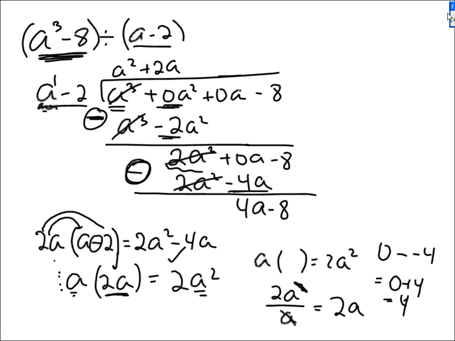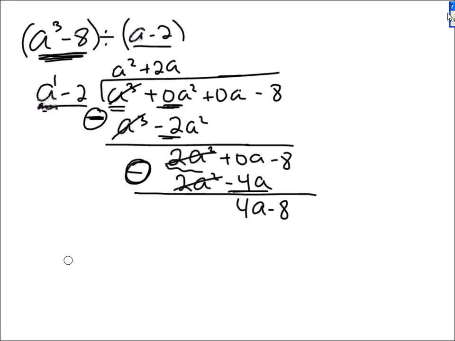Okay, every time you have a remainder, we try again. You take the leading term in front, which is a. What do you multiply a by to get 4a? The answer is 4.